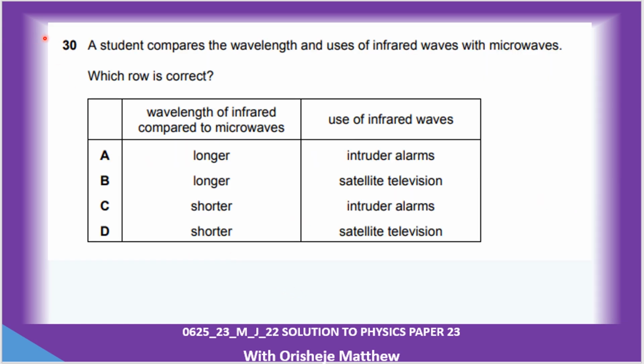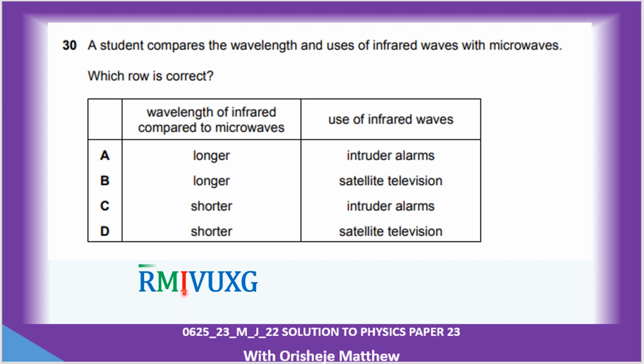Alright, question 30. A student compared the wavelength and the uses of infrared wave with microwave. Which one is correct? So go back to my "remove G". Since we are talking about wavelength, wavelength reduces.